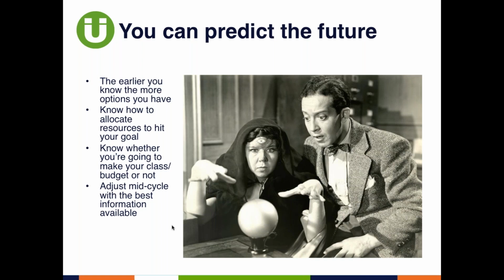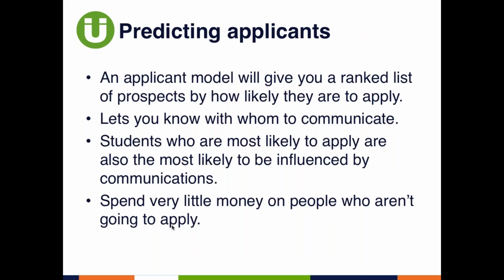So yeah, predicting the future equals a good thing, and helps you make decisions about the present. One thing a predictive model can help with is predicting which students are most likely to apply. We call that an applicant model. An applicant model gives you a ranked list of all your prospects by how likely they are to apply, and it lets you know which students to target with your communications.